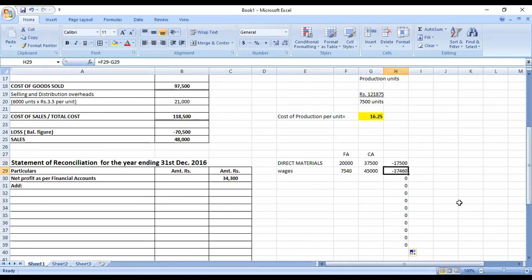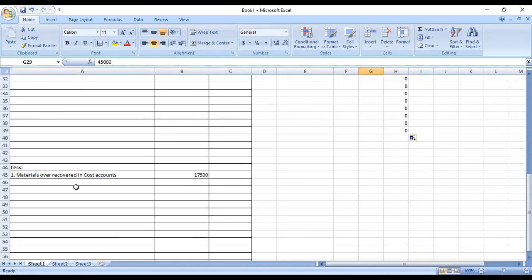So 37,460, that is again over recovered of wages in cost accounts. In cost accounts more was recovered, so I also have to take it, so the second will come: wages over recovered. What is the amount?